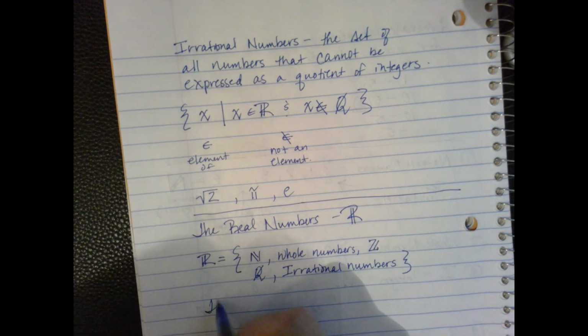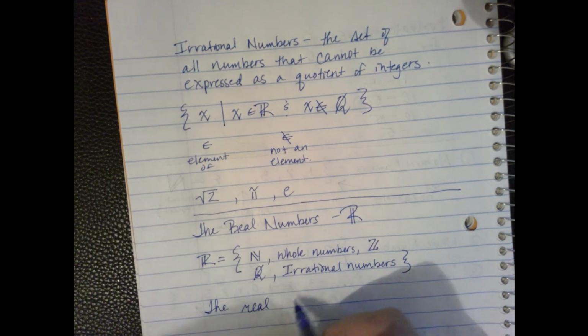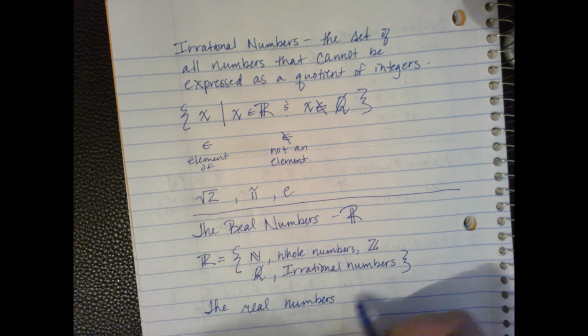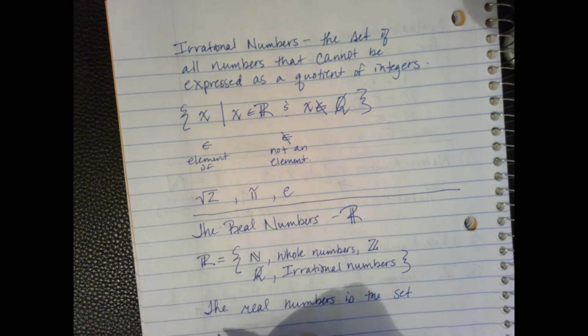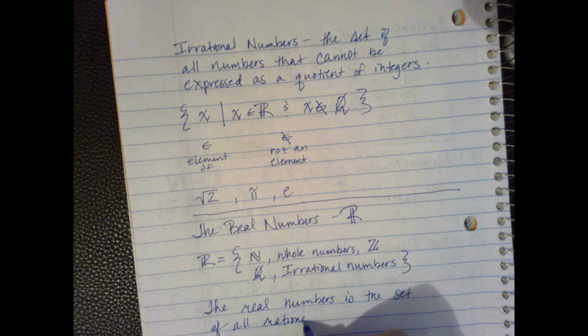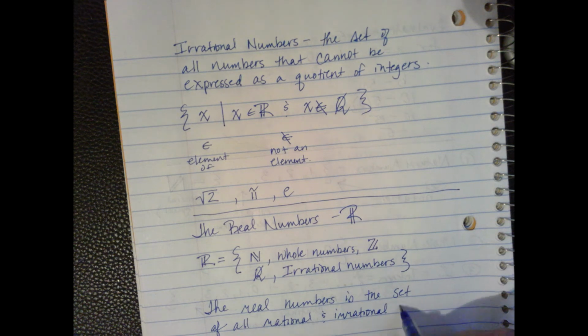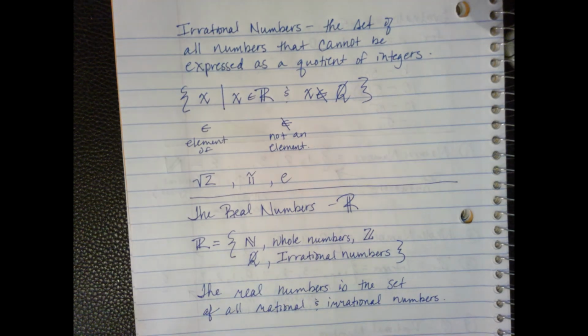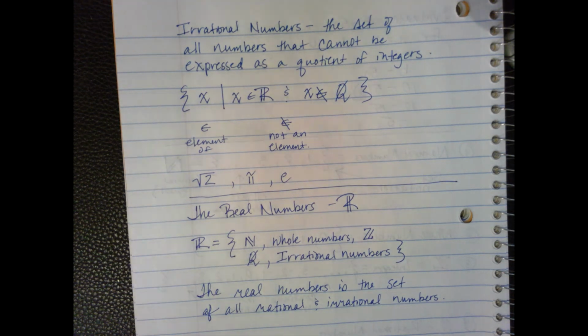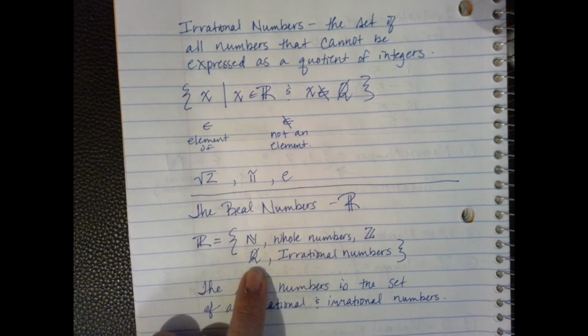So we could say the real numbers is the set of all rational and irrational numbers. One of the things that I may not have explicitly said is that the natural numbers, the whole numbers, and the integers are all part of the rational numbers.